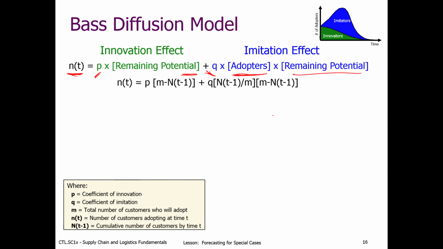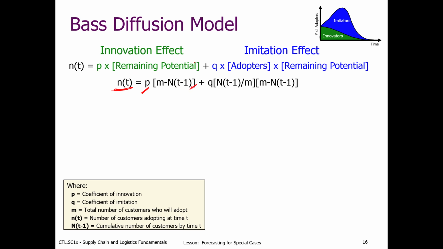So mathematically I can flesh this out with this equation, which is pretty straightforward once you dive into it. It's saying the two effects, right? The number of customers adopting at time t is going to be equal to the coefficient of innovation p times m minus n sub t-1. M is the total number of customers who will adopt, the total potential market size, minus all those who've adopted already.